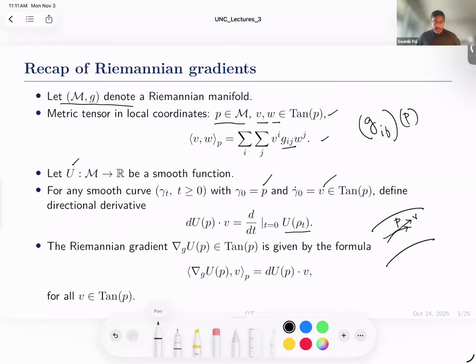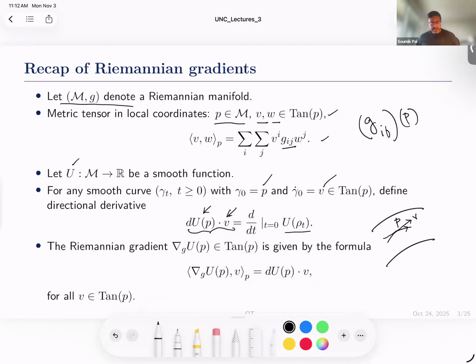Just like in real-valued calculus, I can take the derivative d/dt, evaluated at t equals 0. This turns out to be a dot product between some vector, the directional derivative of u at P, and the velocity vector v at time 0. This vector is what I'm going to call the directional derivative.